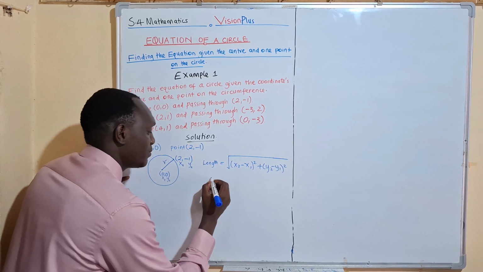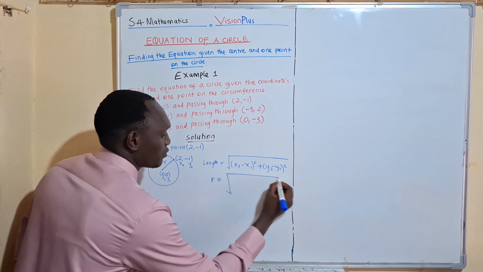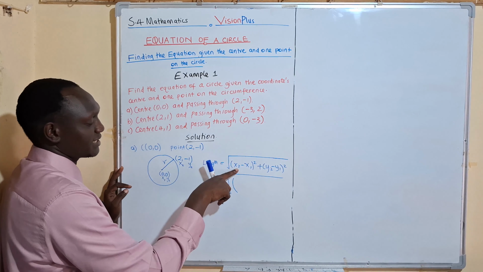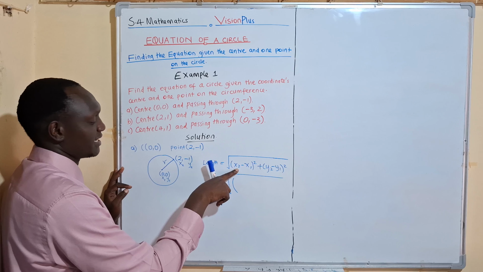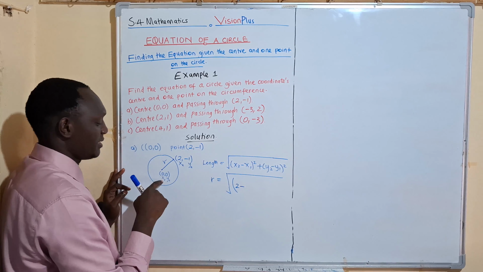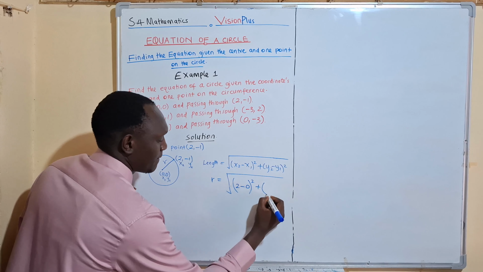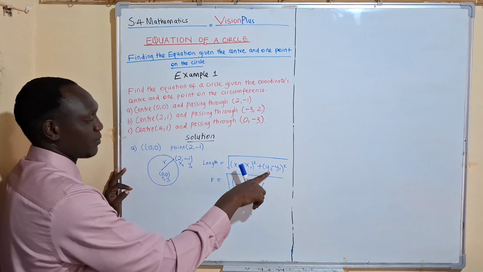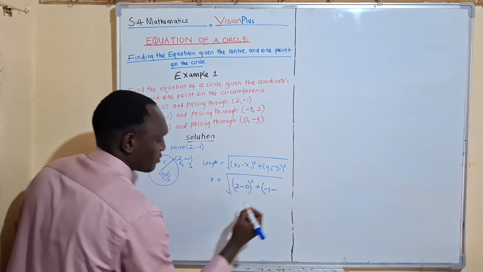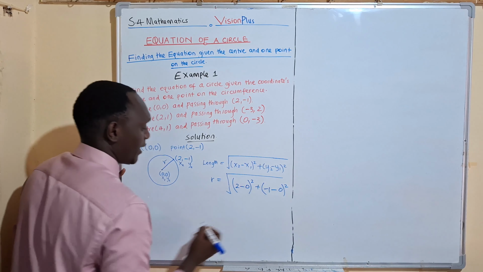Now the length, which has become r in this case, becomes the square root of, and then we substitute. The formula says x2 minus x1. So x2 is 2 minus x1 which is 0, close the bracket, squared, plus y2, which is negative 1, minus y1 which is 0, and then you square.